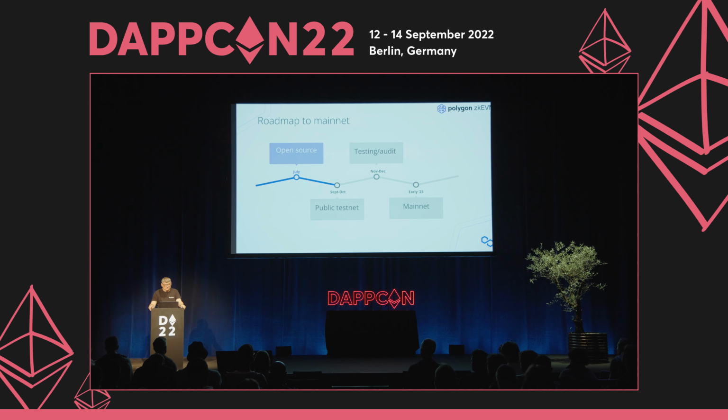Then we have already started to organize the audit. We're having a lot of help, for example, from the Ethereum Foundation, and we are collaborating with other teams because auditing these systems is not easy. There is a lot of new code and a lot of new things to check and double check, and this is going to be a little bit challenging, but we are ready.